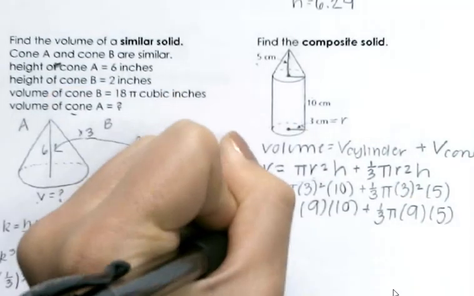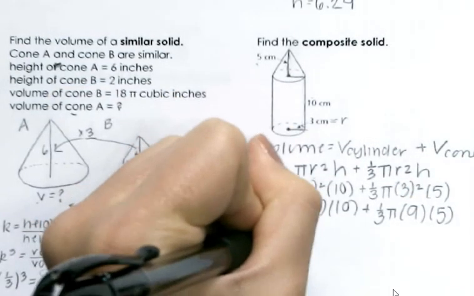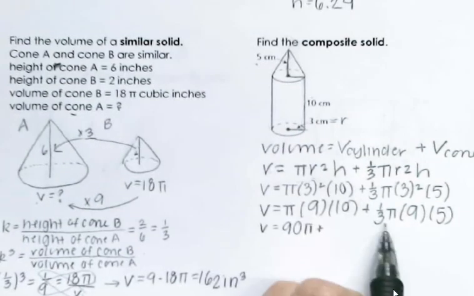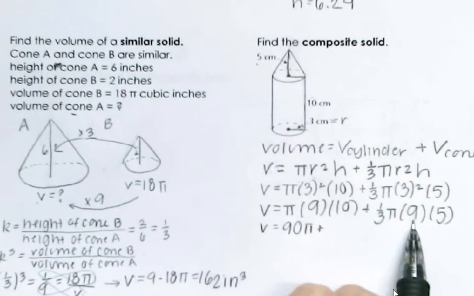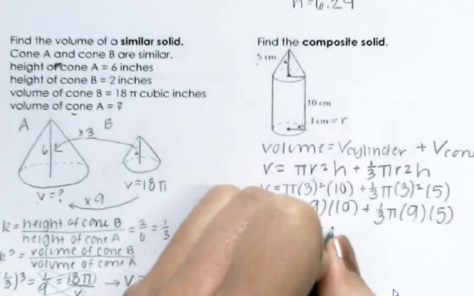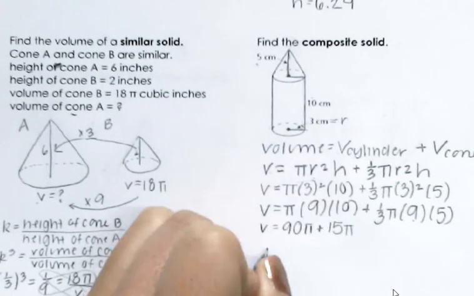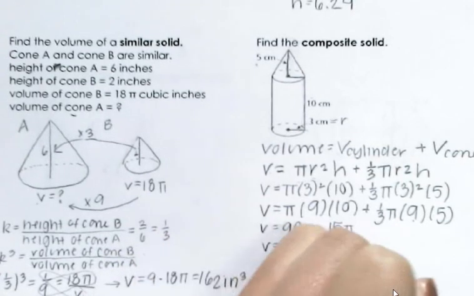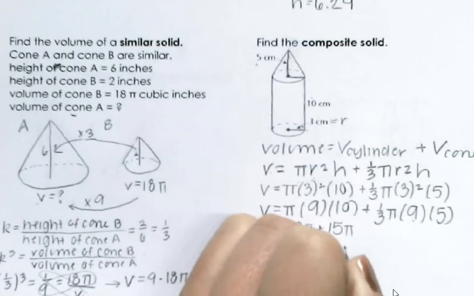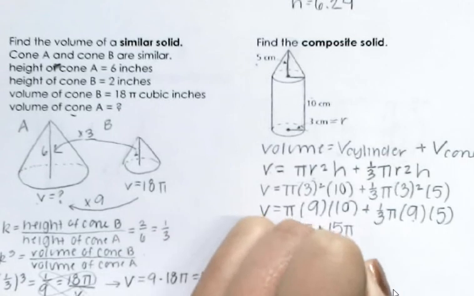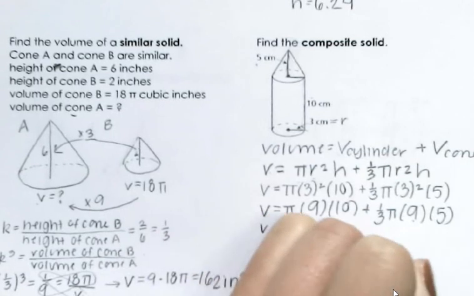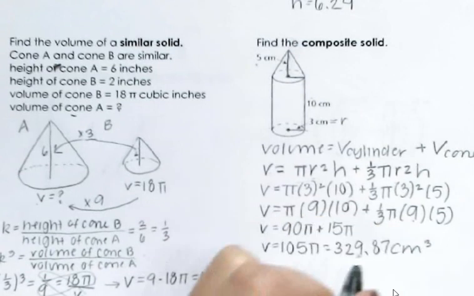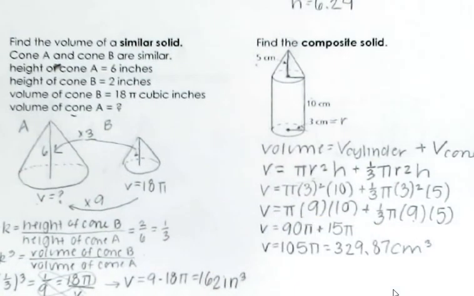So we have 9 times 10, which is 90 pi. We have a third times 9, which is 3, times 5, which is 15 pi. So we have 105 pi here, which is equal to 329.87. And again, this is centimeters cubed. That's the volume of that entire solid.